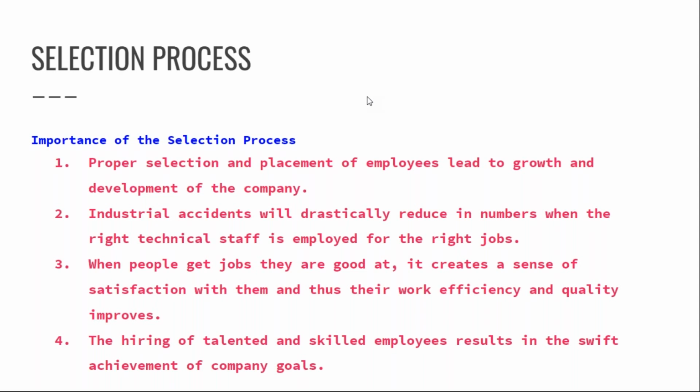So this was the entire selection procedure that you have to think of and understand. Now, when you are working on this project, you need to take care of certain things.